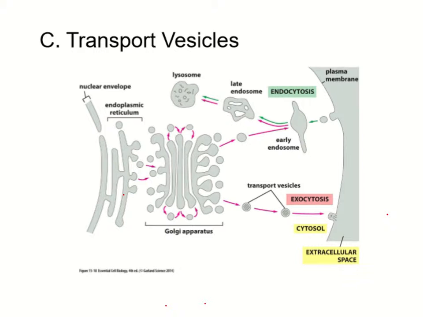The outward pathway in this diagram is shown via pink arrows, and the inward pathway via these green arrows. The inward pathway is called endocytosis, and the outward pathway is called exocytosis.